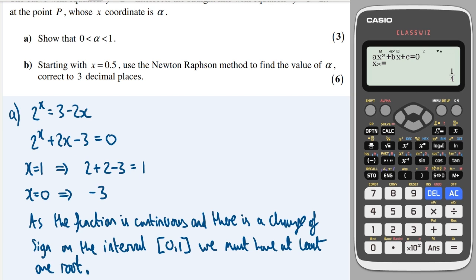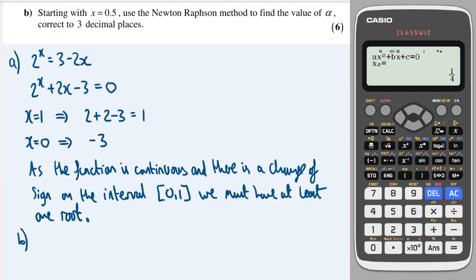Great. Okay, that's proved. And now we're going on to part B, where we are using the Newton-Raphson method.